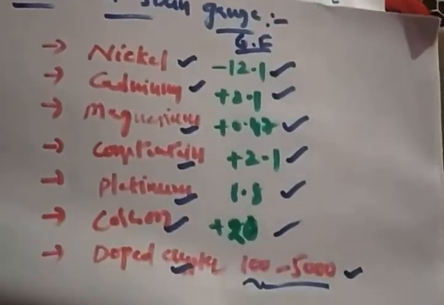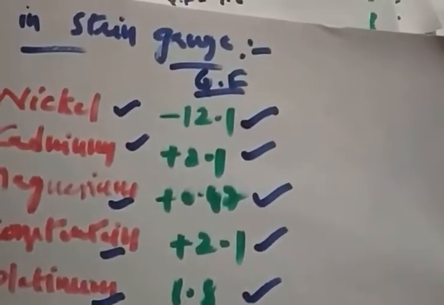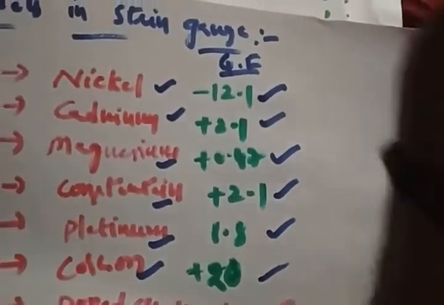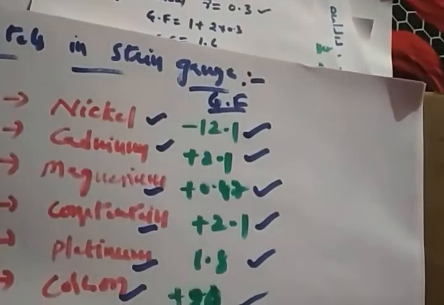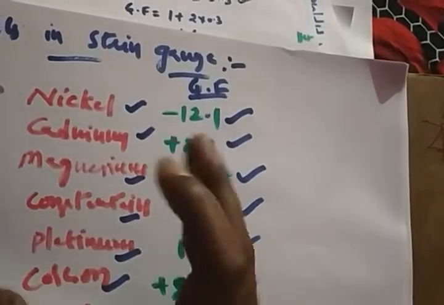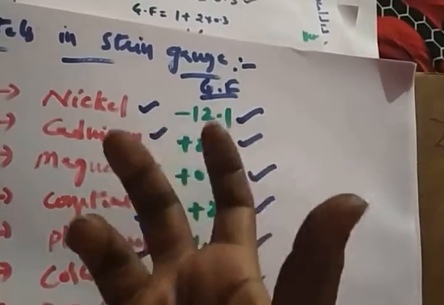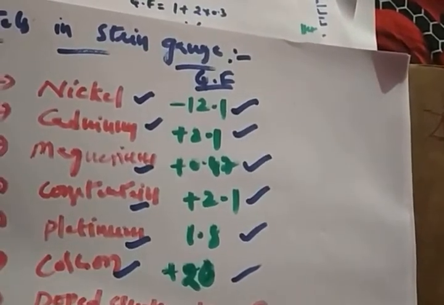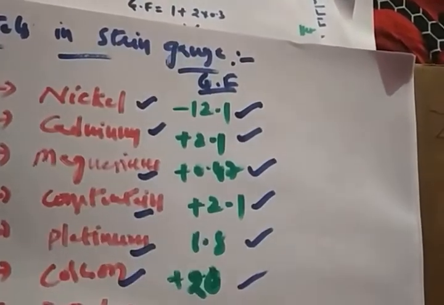So this is about the total strain gauge concept. In this, we discussed the definition of a strain gauge, the working principle of a strain gauge, the definition of stress and strain, and how the resistance changes, rho L by A. Then we discussed what a gauge factor is, its definition, and how to derive the equation for the gauge factor.